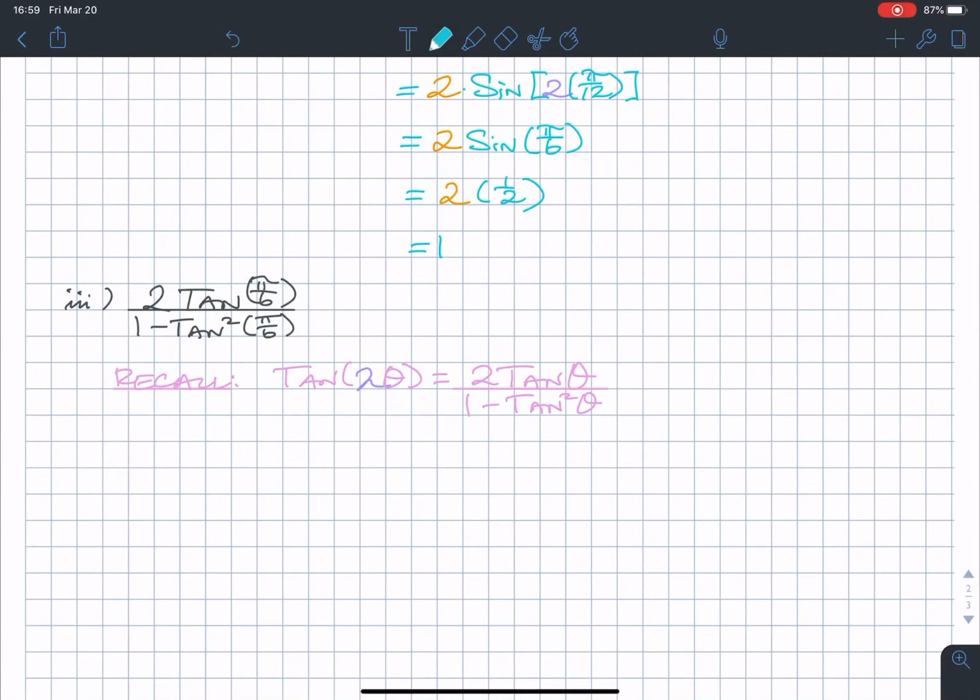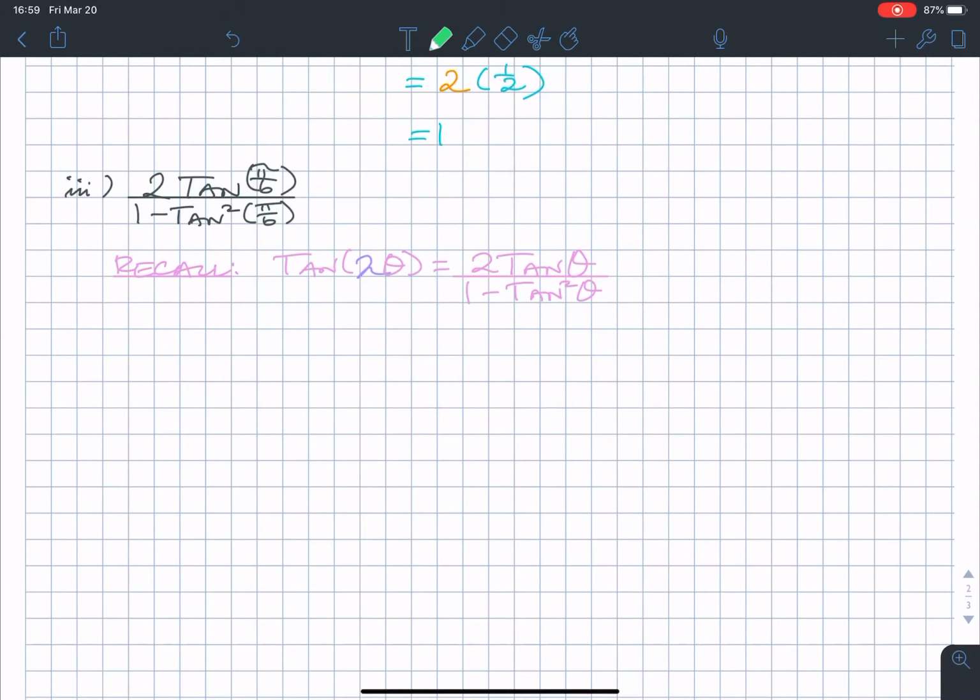So we were given 2 tangent of pi over 6 divided by 1 minus tangent squared of pi over 6. So according to the formula, that should be tangent of twice the angle, which in this case is pi over 6. Okay, so 2 goes into 6 3 times, so that's tangent of pi over 3, which of course is the square root of 3.